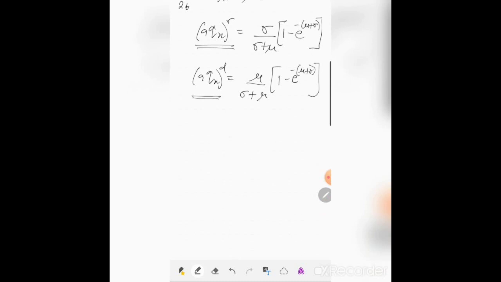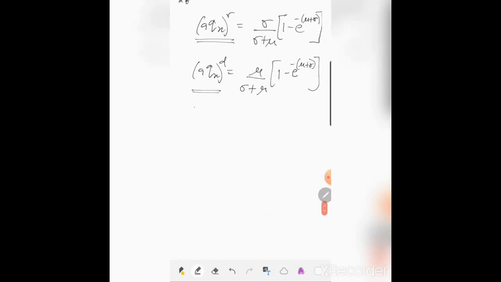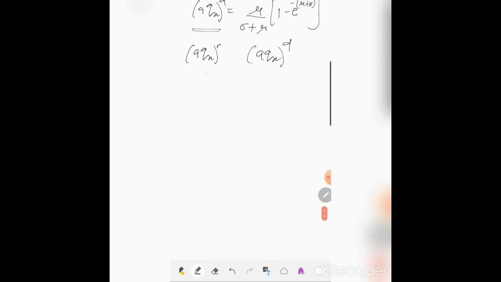And so we have got the dependent probabilities now: aqx of R as well as aqx of D. And now we also know the qx, which are the independent probabilities.